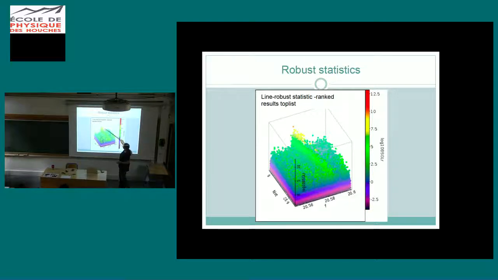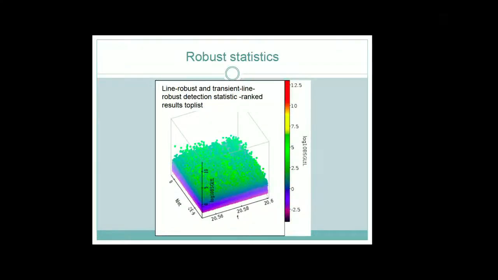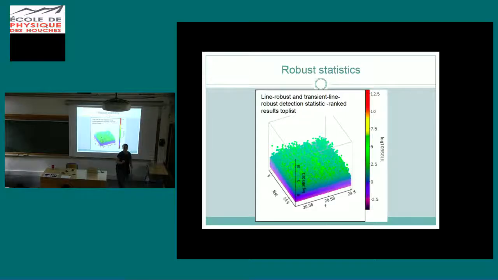Well, we see here that the amount of parameter space that's affected by these increased values is smaller. And here's what happens when we use an even more sophisticated robust statistic that is robust not only with respect to lines, but also to transient lines, okay?